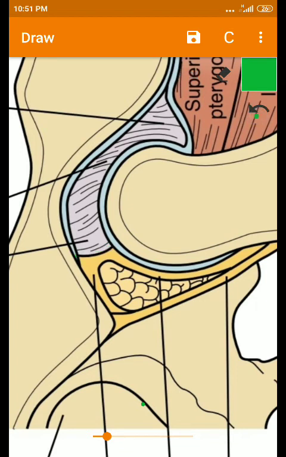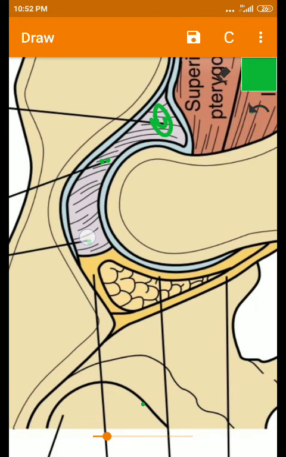Now we will see the thickness of the articular disc. The thickness of the disc is not the same in all portions. This is the anterior portion, this is the middle portion, and this one is the posterior portion. The thickness varies from 2 millimeters anteriorly to 1 millimeter in the middle and 3 millimeters posteriorly.